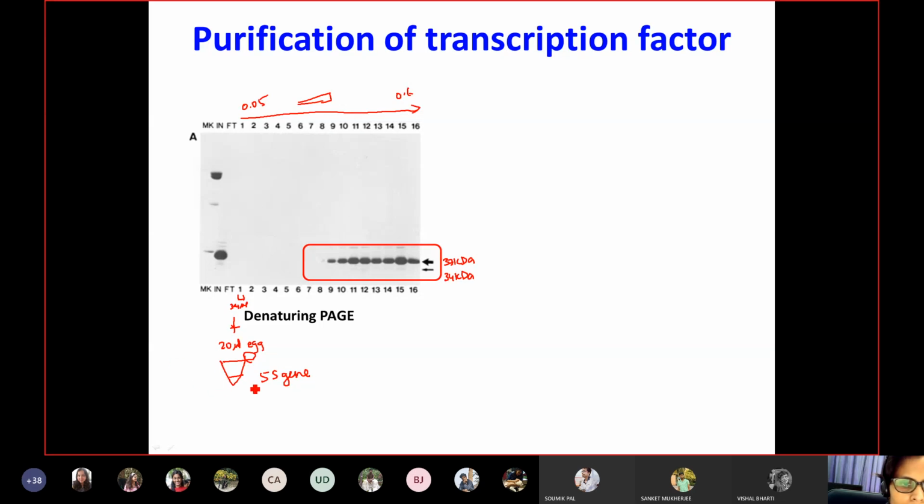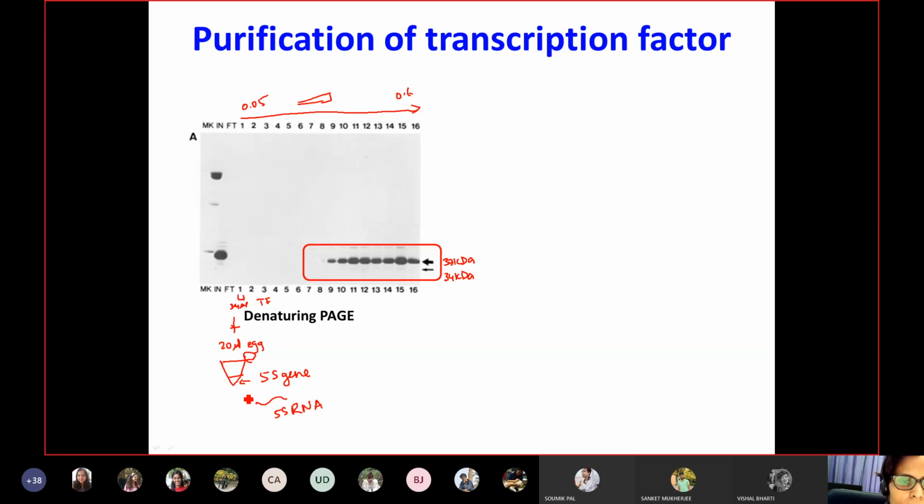Here they are adding the 5S gene and unfertilized egg extract. It will not transcribe, and only in the presence of the fraction which gives the transcription factor will it activate the 5S gene and give the 5S RNA.